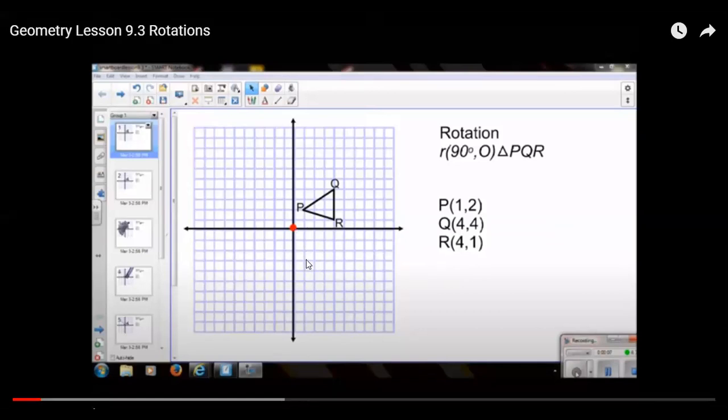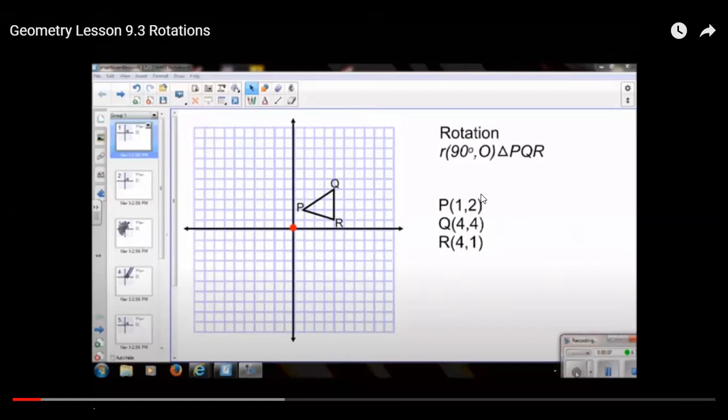Okay, then please prepare your notebook and coordinate grid, because we are going to draw while we work in our session today. First, we have a triangle, and the pre-image is P (1, 2), Q (4, 4), R (4, 1).